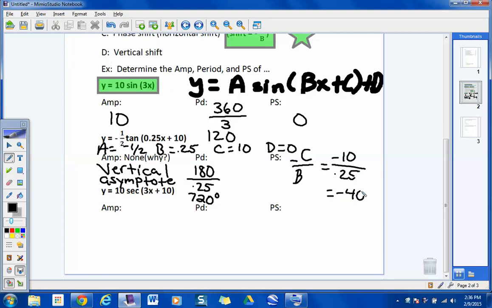Guys, when you get a negative 40 like this right here, a phase shift is indicating how far left or how far right. When you get a negative 40, what direction are you shifting your graph then? 40 degrees to the left, okay? So here's what I want to do. I want to kind of go ahead and just talk about what all these numbers mean in terms of that graph up here. So here's what we're going to look at.